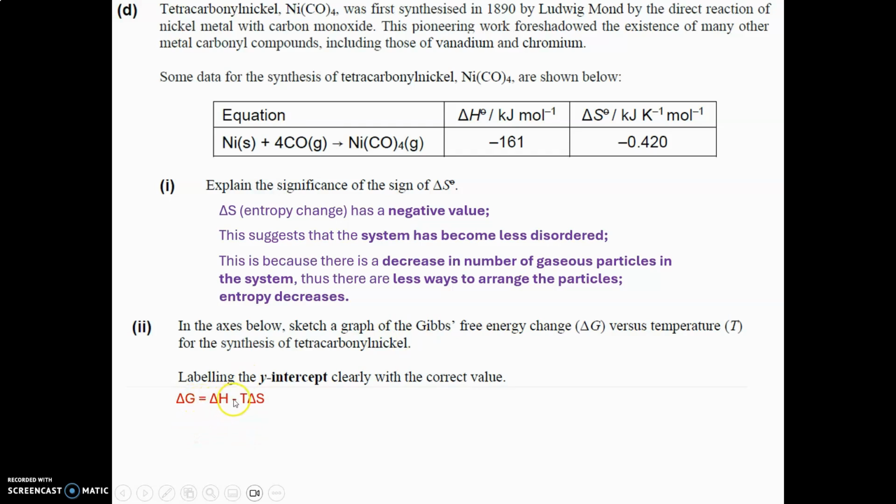So delta G equals delta H minus T delta S. Okay, so we will rewrite this so that we can plot delta G against T. And this will resemble your straight line equation y equals mx plus c, which means that in a graph of delta G against T, the gradient is negative delta S. In this case, my delta S is negative. So negative of this becomes positive, which means that the graph we're plotting has a positive gradient.